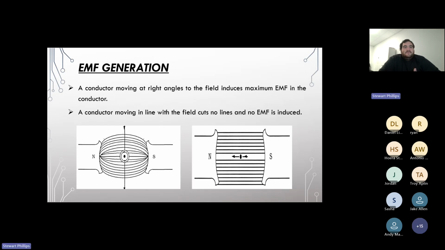Cool. So a conductor moving at right angles to the field induces maximum EMF in the conductor. A conductor moving in line with the fields cuts no lines, and so no EMF is induced. Does that make sense? That we only generate an EMF when we cut through the magnetic flux lines?